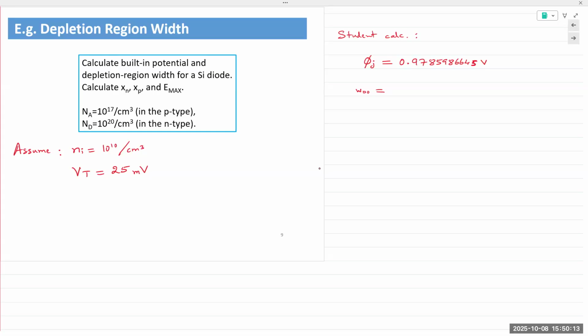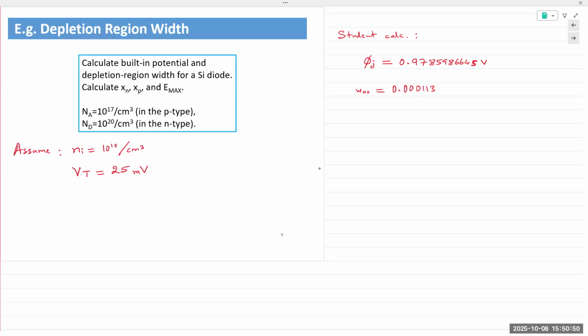Again, anyone? What values do you have? Tell me again, how many zeros? The 1, 1, 3 is correct. But at my end, I had 0.113 times 10 raised to minus 6.